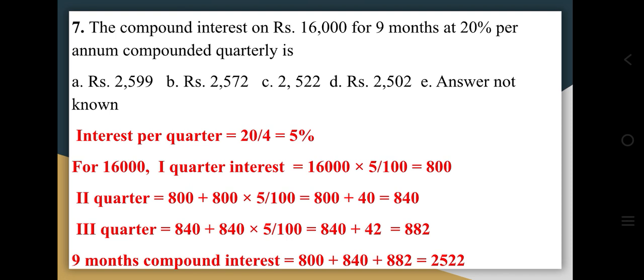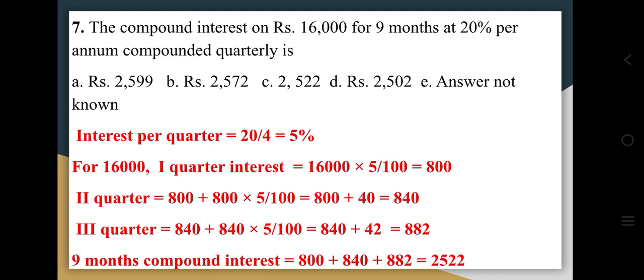Now for 16,000, what is the first quarter interest? It is 16,000 into 5 by 100. That is 160 into 5, which is 800. So the first quarter interest for 16,000 is 800.